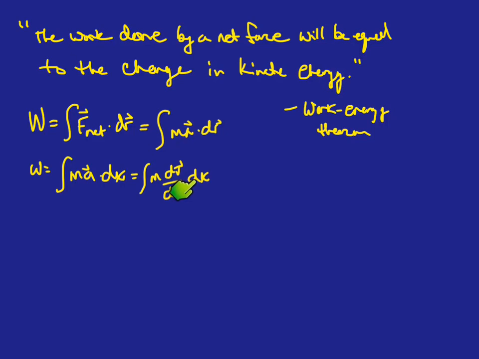Alright. Well, we can move this around, and we're going to swap places with our dv and our dx. So we can write this as m dx/dt dv.